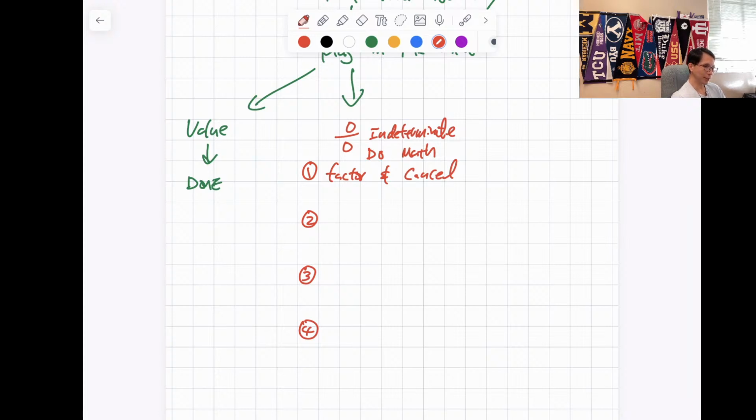You can factor and you can cancel. That happens pretty often. That's also the easiest question on the test. Hopefully you know how to factor the cube, the box method, the difference of squares. And if you have a negative sign, you have to factor out a negative sign sometimes. That usually helps you.